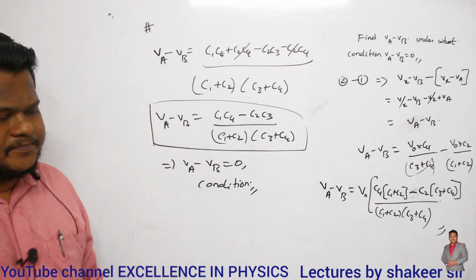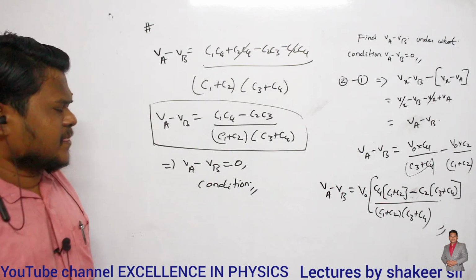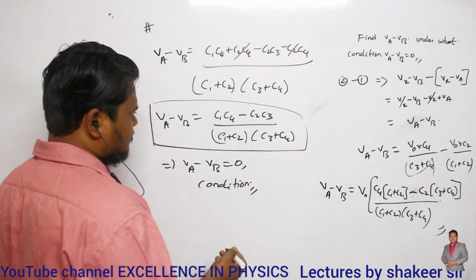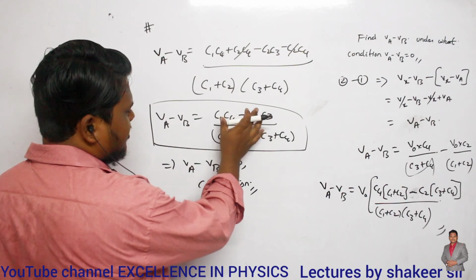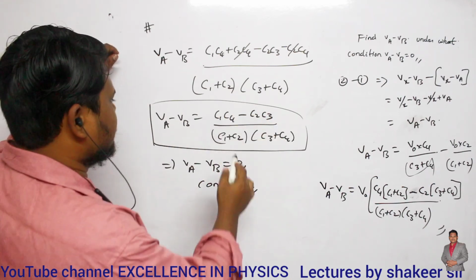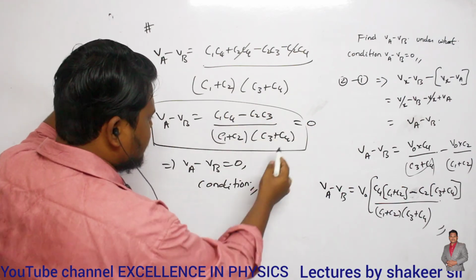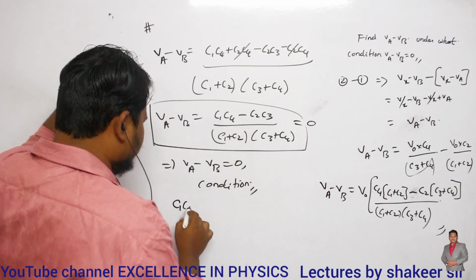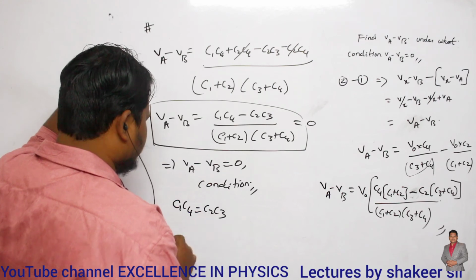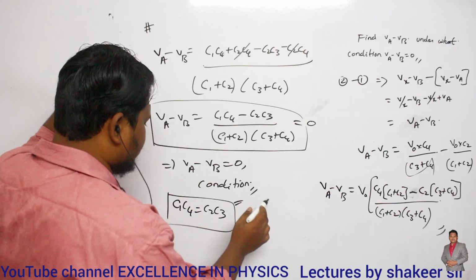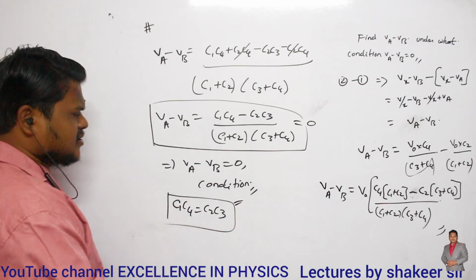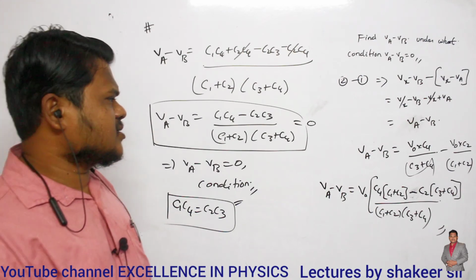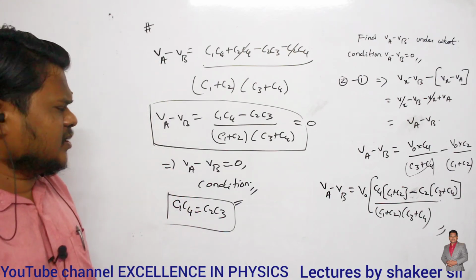The required condition is that this numerator should become 0. If I equate this to 0, then the total term will become 0. It means that C1 C4 is equal to C2 C3. So this is the relation I will get. If this condition is satisfied, definitely I can say that the potential at point A and at point B will be equal, so the difference is 0.